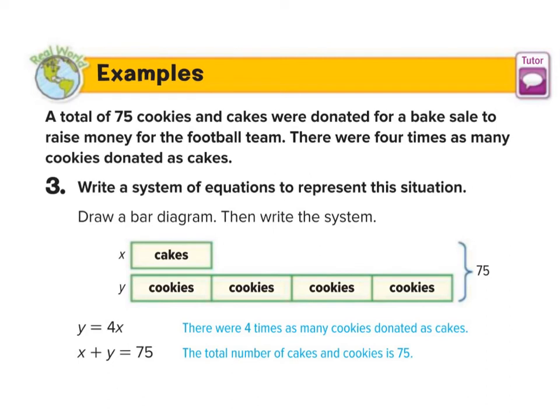X will represent the number of cakes and Y will represent the number of cookies. In total, there are 75. So y equals 4x and x plus y equals 75. So our job is done because all we had to do was write a system of equations to represent the situation.